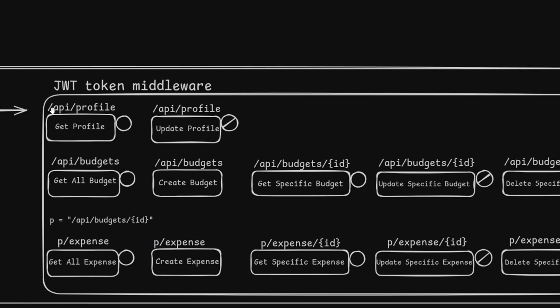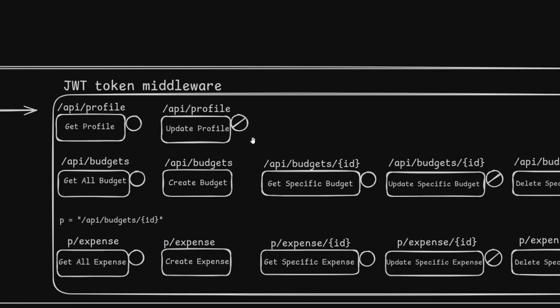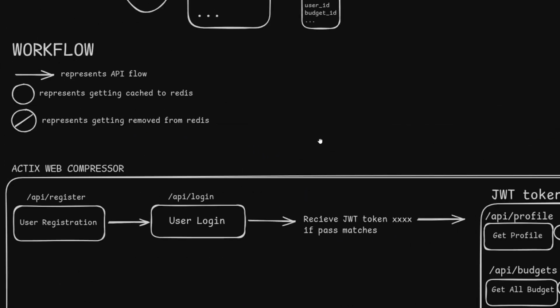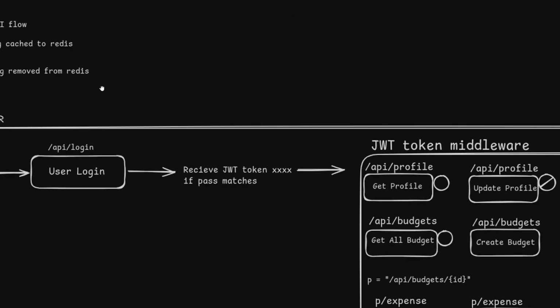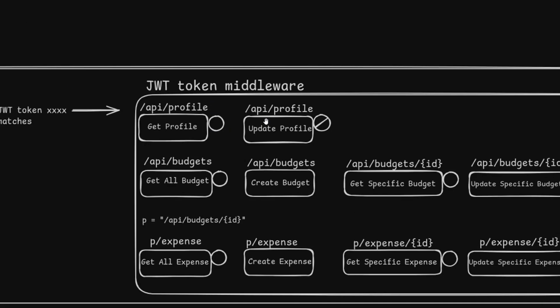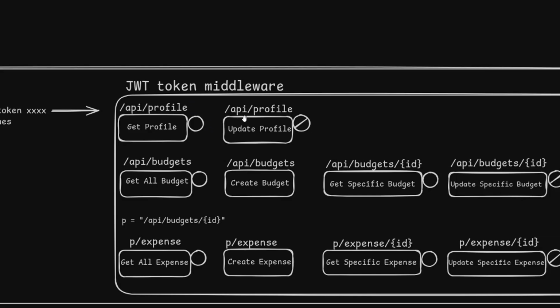So the first basic API endpoint is get profile. It will give you the details, and here we are caching the data. This is the symbol for caching data. What caching does is that the next time a user opens his profile, it will be loaded much faster than going through the disk and getting the data.